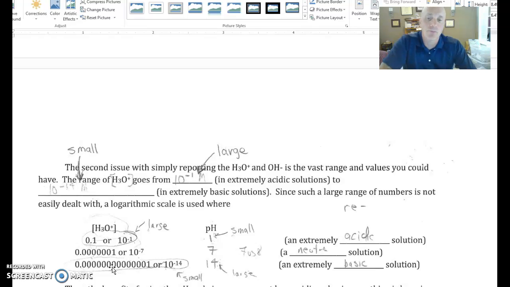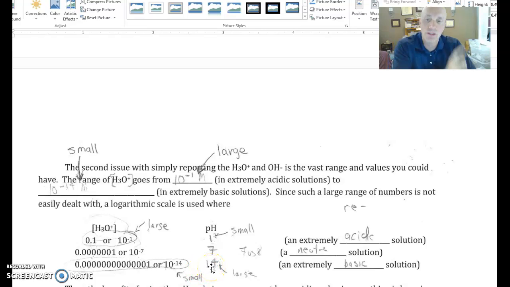So for that reason, we end up using a logarithmic scale to express the number. In a very simplified form, if the H3O+ concentration is 0.1, which is the same thing as 10 to the negative 1, the pH would be 1. If it's this, which is 10 to the minus 7th, the pH would be 7, and so on for a pH of 14.